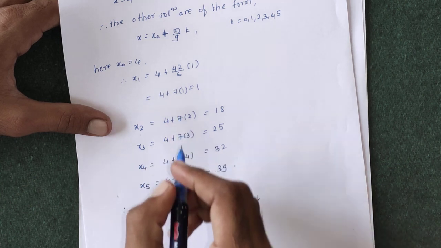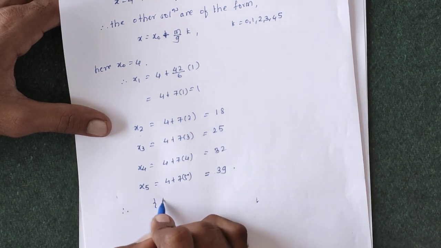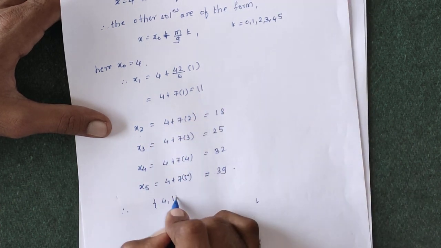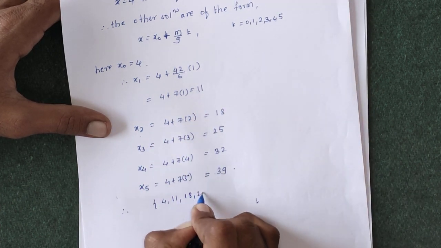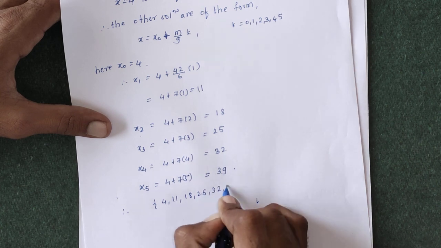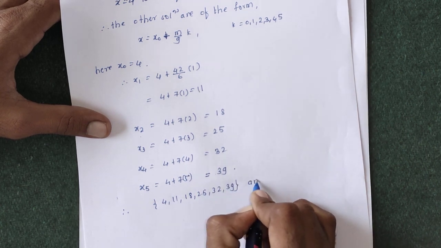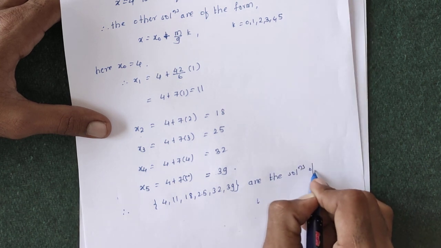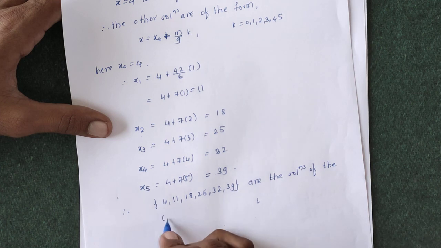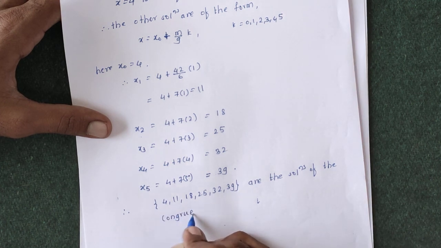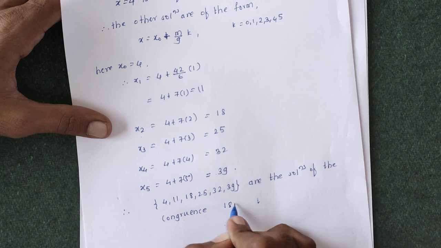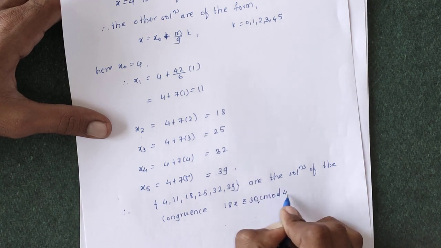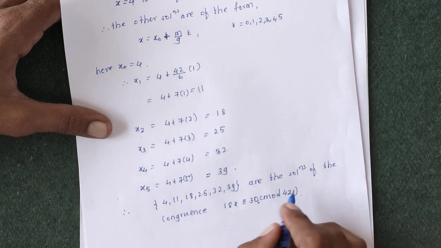Therefore x naught equals 4, then 11, 18, 25, 32 and 39 are the solutions of the congruence 18x is congruent to 30 modulo 42. Hence the solution.